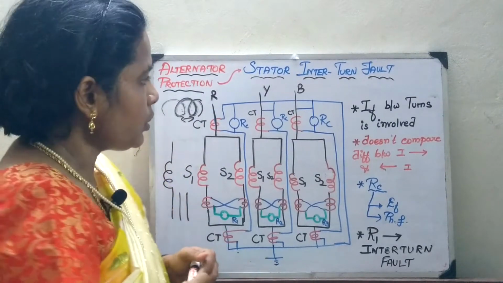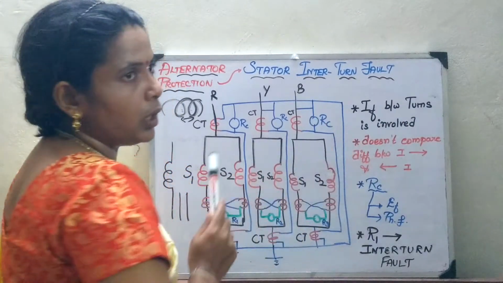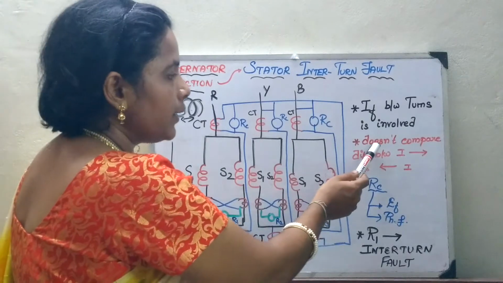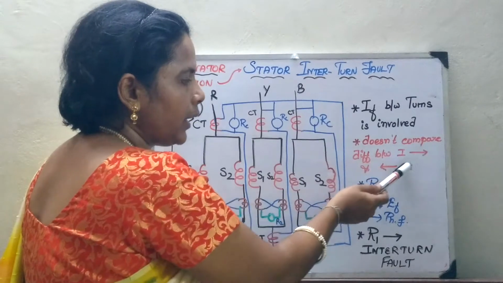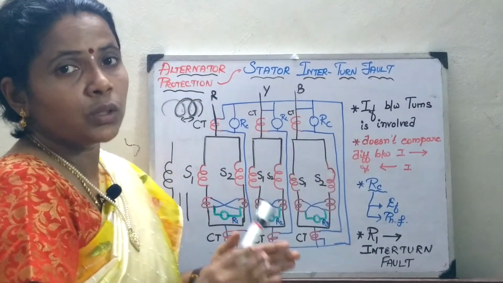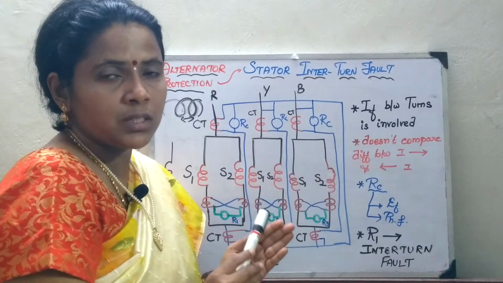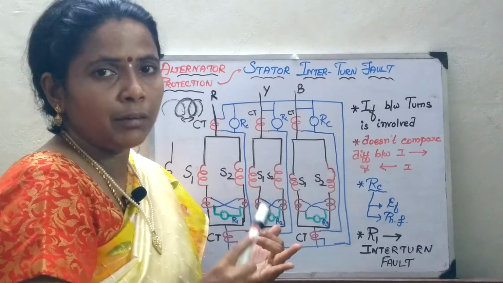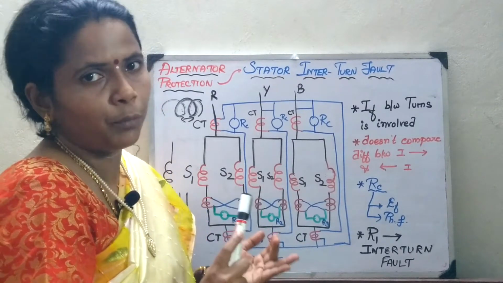So the fault current between the turns is involved here. What is the fault current that exists between the turns? And here you are not going to compare the differential current between the current entering and the current leaving. So this does not come under merz-price protection. Merz-price differential protection gives protection for phase to phase fault and phase to ground fault, but for interturn fault you have to go in for a separate protection.